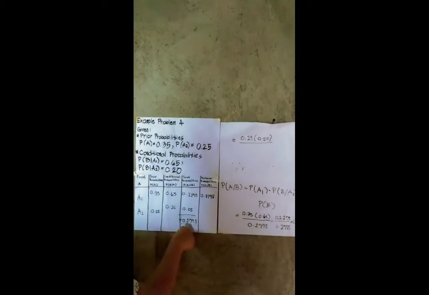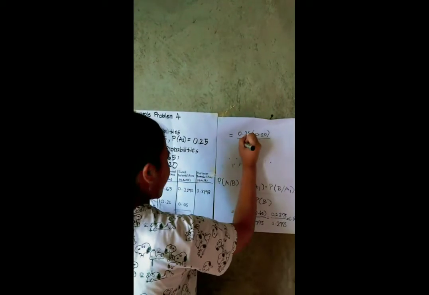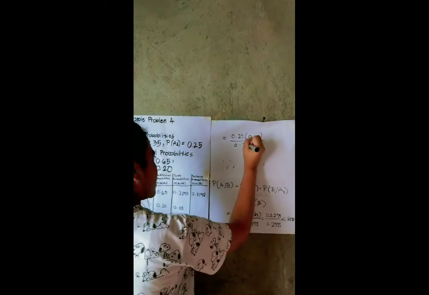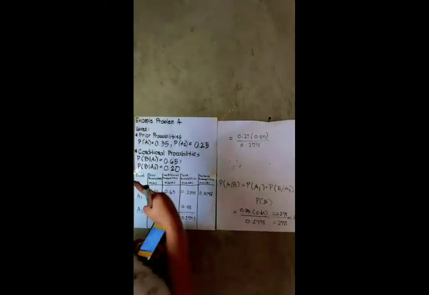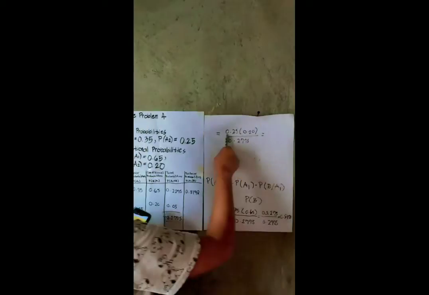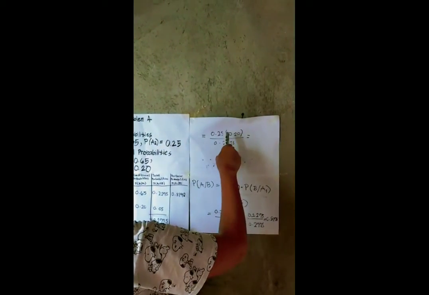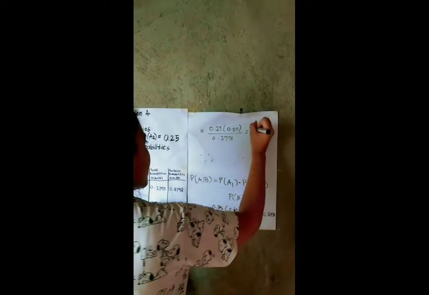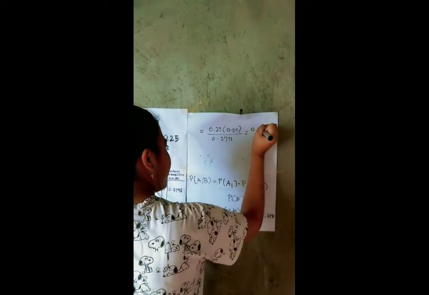divided by the joint probability 0.2775. 0.25 multiplied by 0.20 equals 0.05.